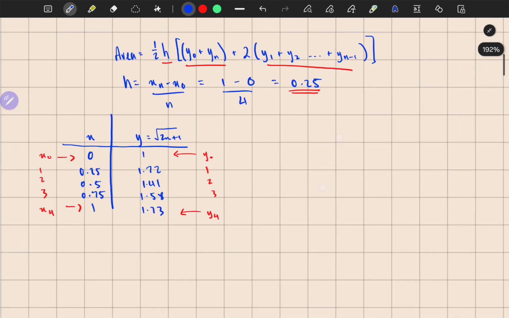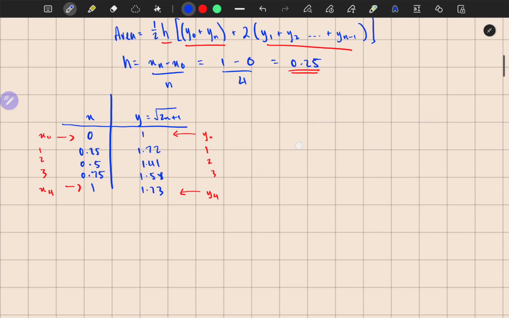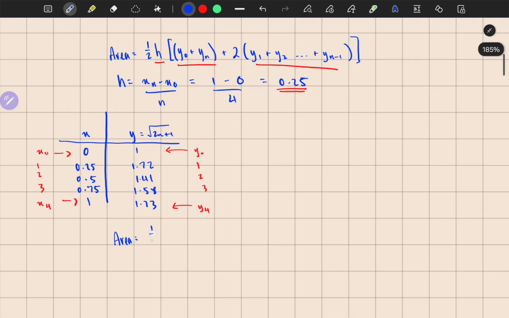So then what does this look like for the area equation? Using all these values now and substituting them into the area equation, you'll now have area is equal to half times the average interval distance of 0.25 multiplied by the first y value, which is 1, plus the last y value, which is 1.73, plus 2 times all of the y values in between.